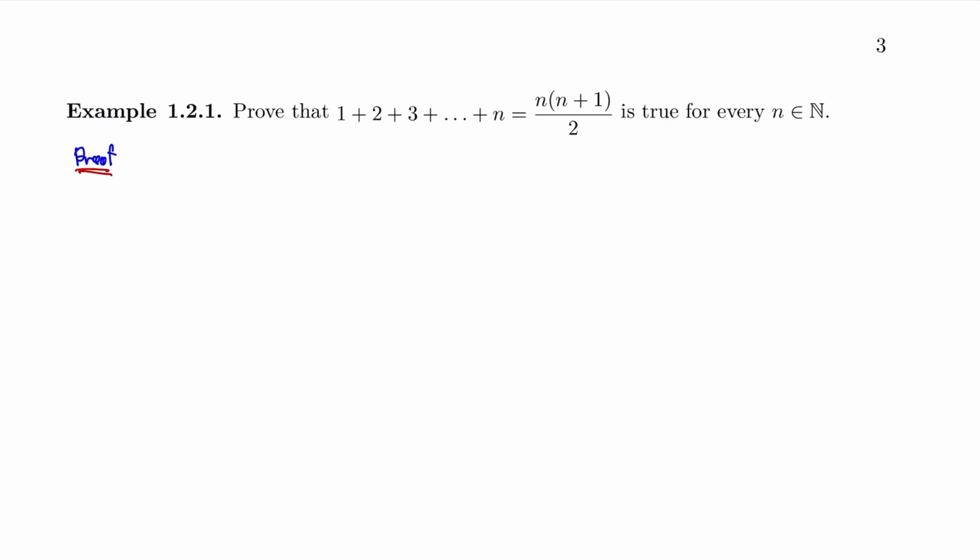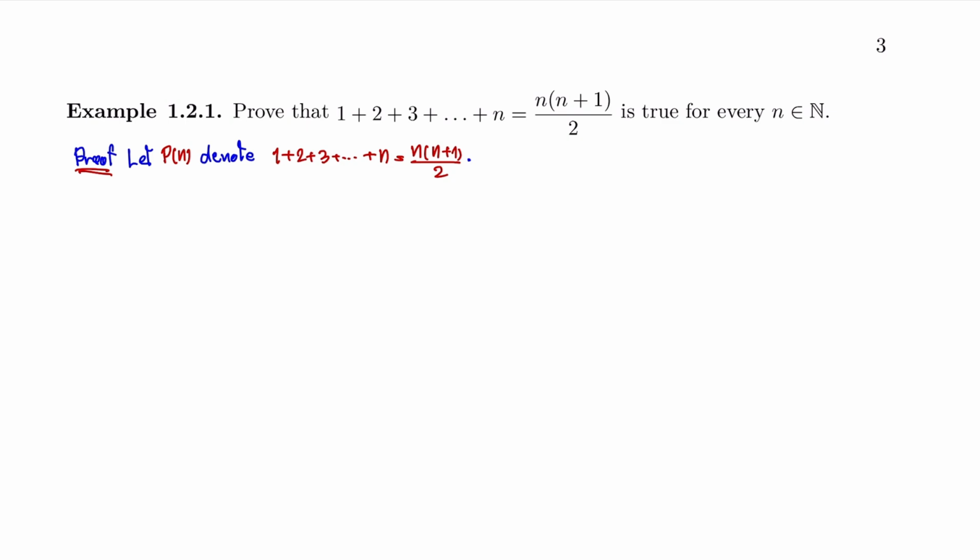So we let Pn be the statement or equation containing n, which is 1 plus 2 plus 3 all the way to n equals n times n plus 1 over 2. This is the well-known formula for many math students. This is the sum of consecutive numbers from 1 all the way to n, which is n times n plus 1 over 2.